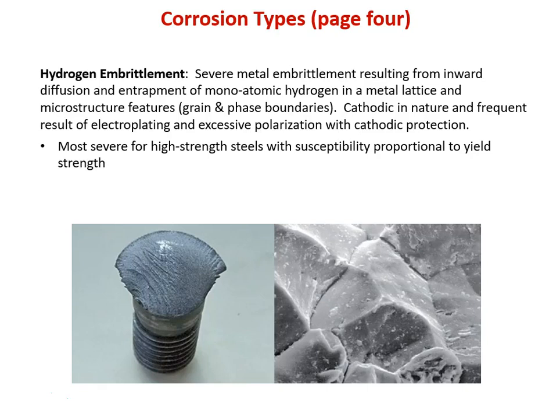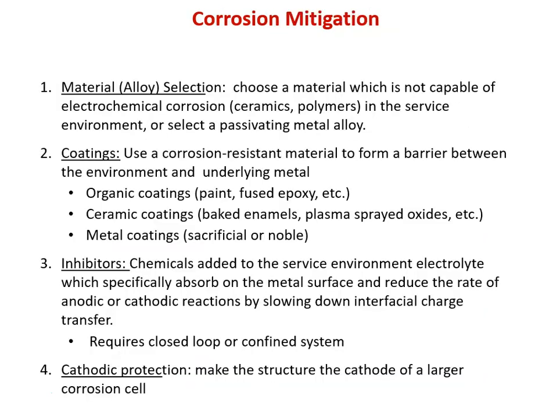Hydrogen embrittlement tends to be mainly a problem for high-strength steels, and your susceptibility is proportional to your yield strength. So materials that you'll quench and temper, heat treat up into very, very high strengths, things like tool steels, they're very susceptible, as are maybe highly cold worked materials. And again, this is more of a problem with steel than it is with our non-ferrous.